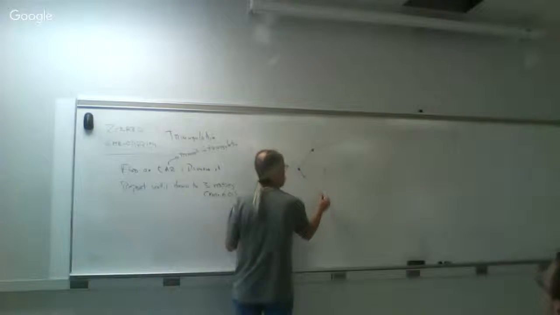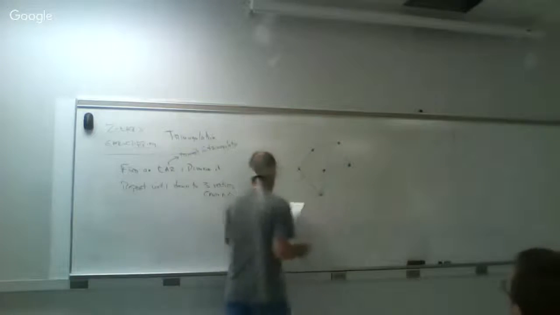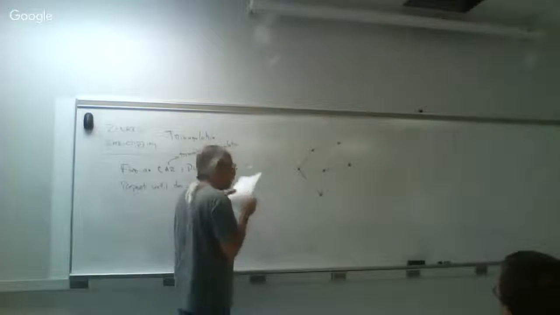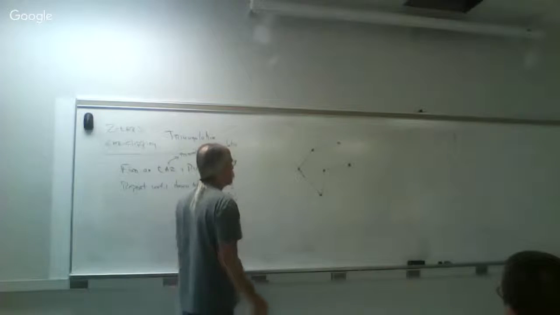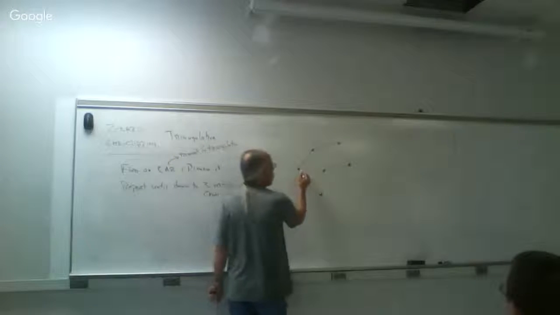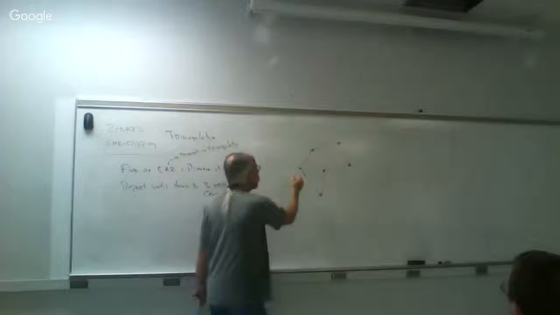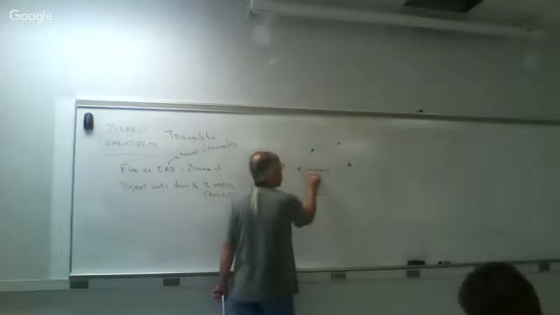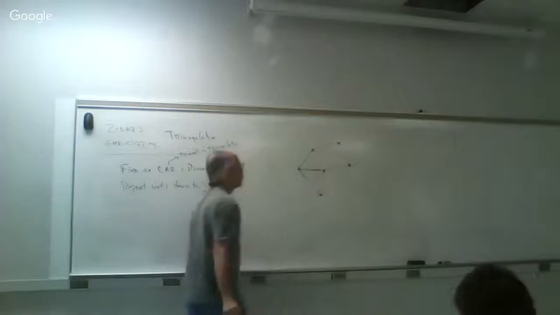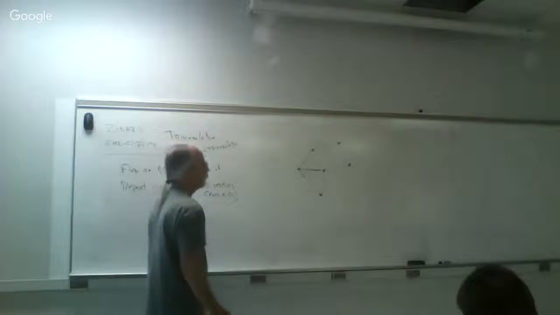I'll make my vertices more distinct. So find an ear and remove it. Well, this is an easy ear to find, right? So we remove this. So there's one triangle. We're left with this funky shaped thing. So we'll find another ear and remove it.